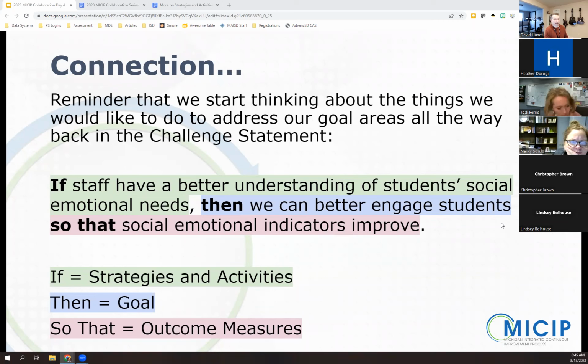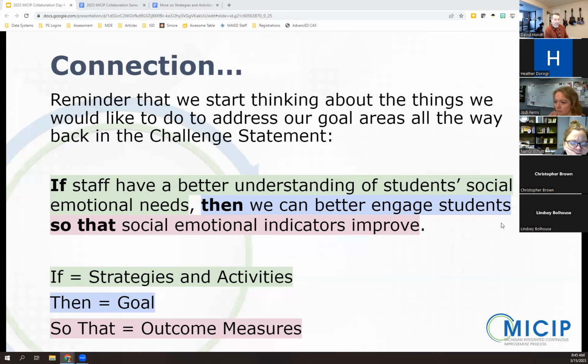If you think about the why of making those challenge statements, it's really trying to help you think through what you are going to use for your strategies and activities, how you are going to set your goal, or what your goal is going to be around, and then that becomes your outcome measures. In this case, the if part is staff have a better understanding of students' social emotional needs.